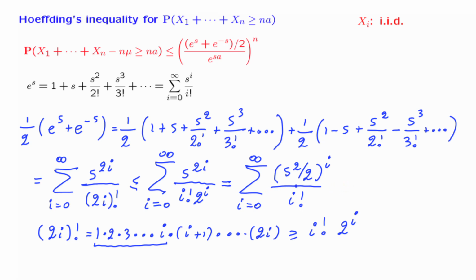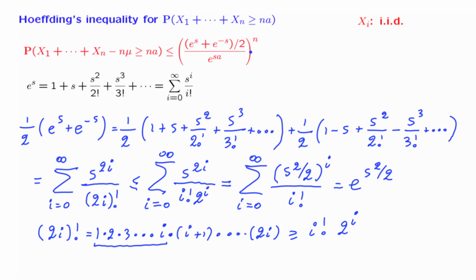Now, does this expression look familiar? It is of exactly the same form as this expansion, but instead of s, we now have s squared over 2. Therefore, this is equal to e^(s squared over 2). So we managed to bound this term.